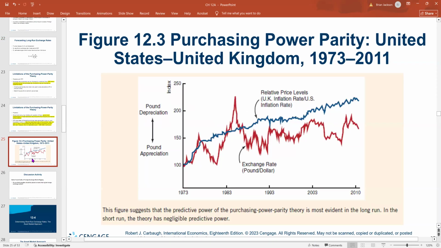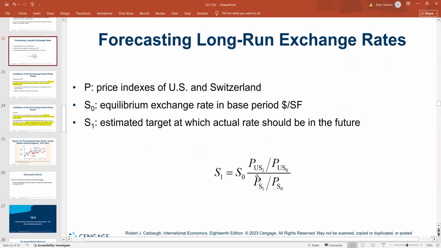Sometimes, say, British citizens want dollars to invest in U.S. companies, and it has nothing to do with there being more inflation in one country than the other. There are other factors that enter the picture than simply differentials in the inflation rate.